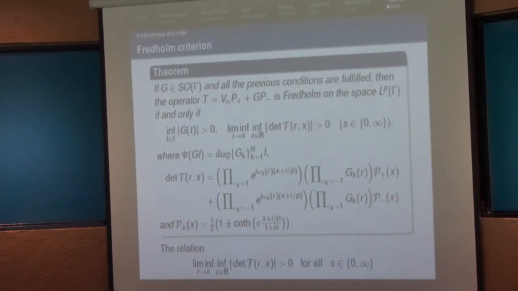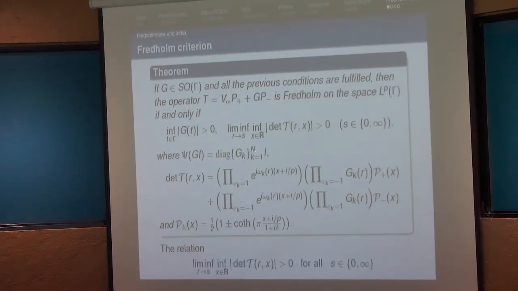Now, the results. For the Riemann-Hilbert, Haseman problem, if G is a slowly oscillating function, this operator is Fredholm on such a space if and only if the coefficients are separated from 0, and for the determinant of such symbols, the lim inf at infinity of z is bigger than 0.